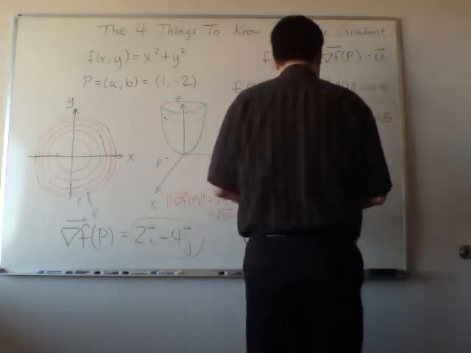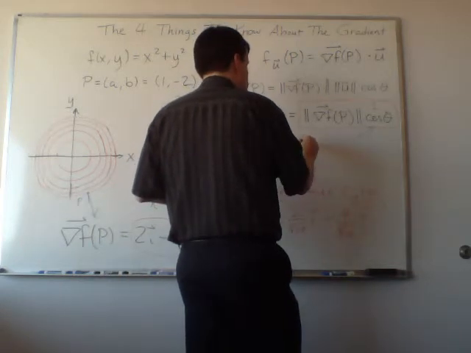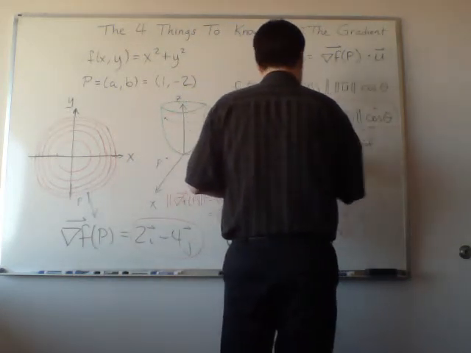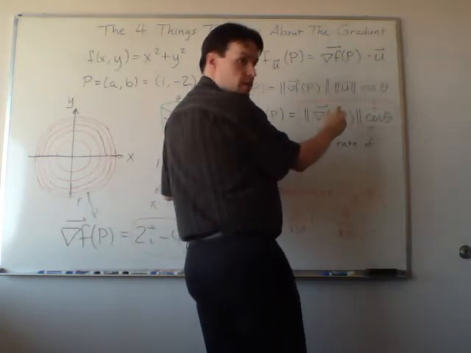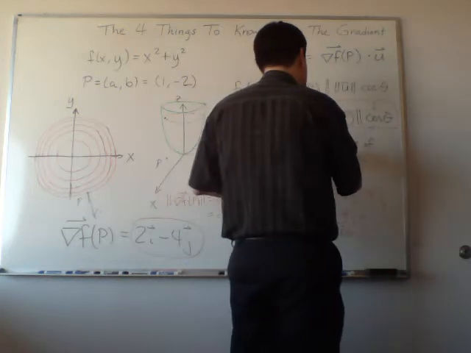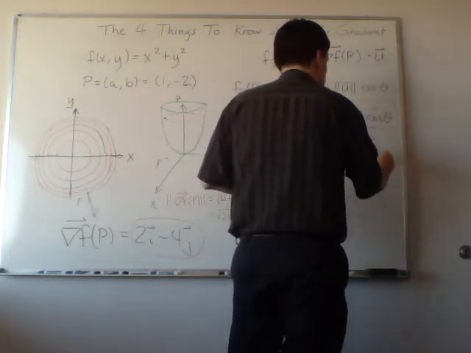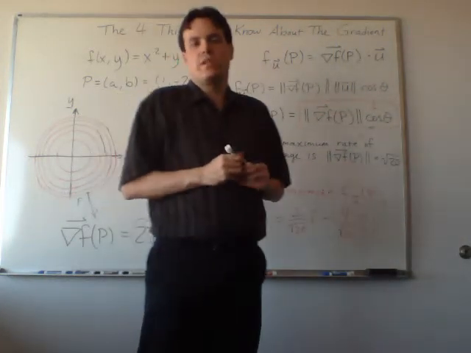So the maximum rate of change, or the maximum directional derivative, is the magnitude of the gradient, which in this case was square root of 20. So that's the third thing to know. I guess really it's two things.